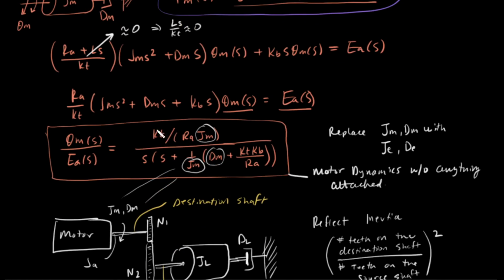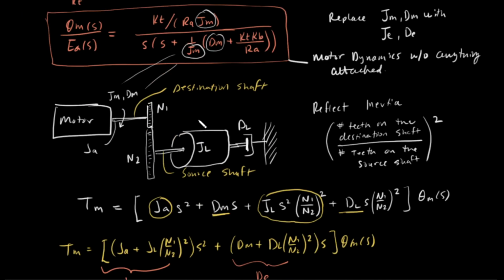And we said that this is a relationship between the electrical system and the mechanical system. You see we have resistance and inertia and damping and our motor constants all in the same equation. We also showed how we could use our equivalent inertias and damping when we have connected loads by reflecting them.